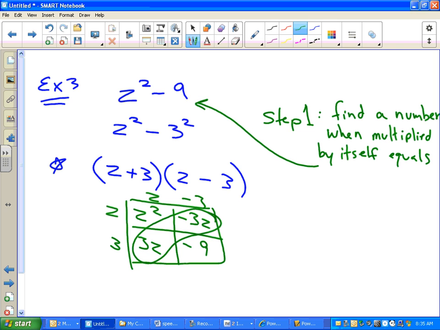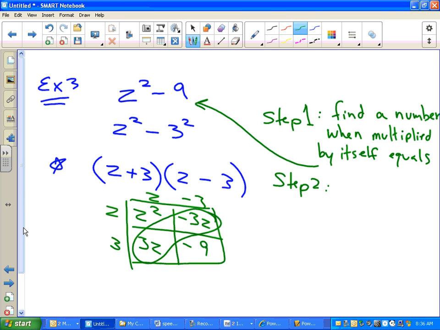So what number, when multiplied by itself, equals 9? Well, it's 3. If that was a 25 there, what number, when multiplied by itself, equals 25? 5. If this was a 64, what number, when multiplied by itself, equals 64? 8. All right, so basically what you're doing is you're breaking this term, or this coefficient, down into a squared value.